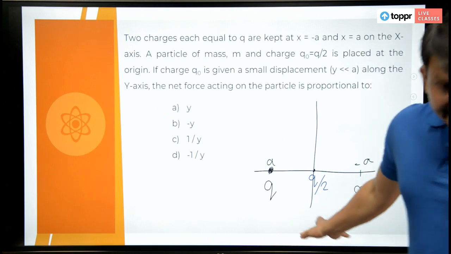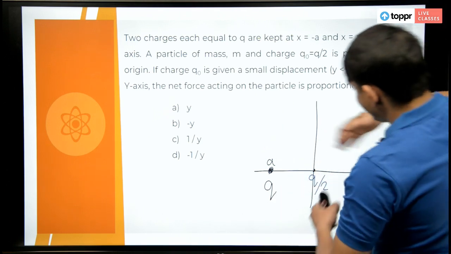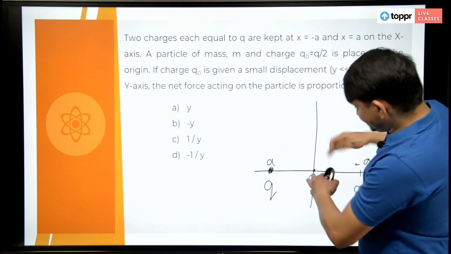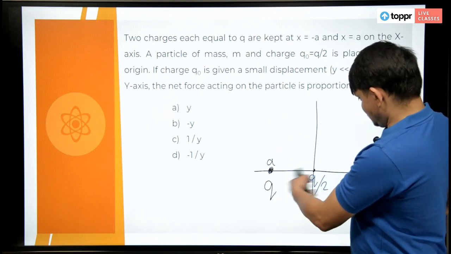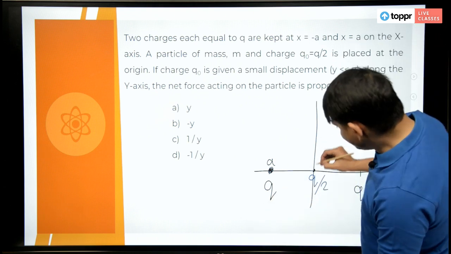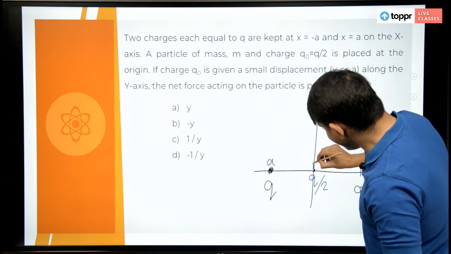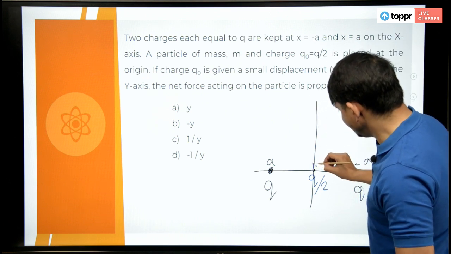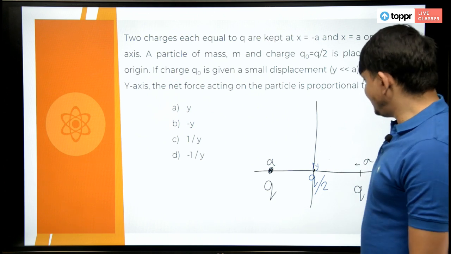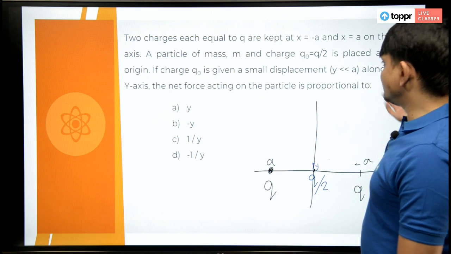So you can see that the forces by both the charges are in the opposite direction and both are equal. By symmetry you can say that the net force is 0. If we move it slightly up by y, according to the question, what will be the net force and how is it related to y?